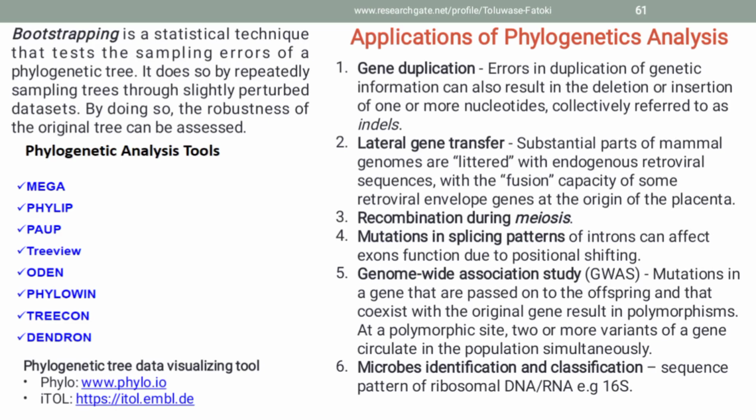Then number 5, genome-wide association study. Mutations in a gene that are passed on to the offspring and then coexist with the original gene will result in what we call polymorphism.